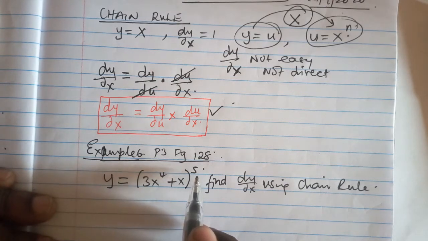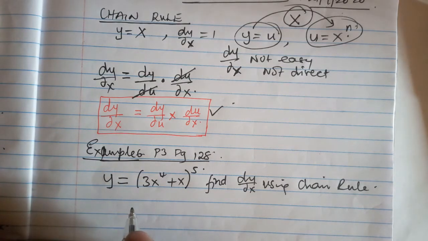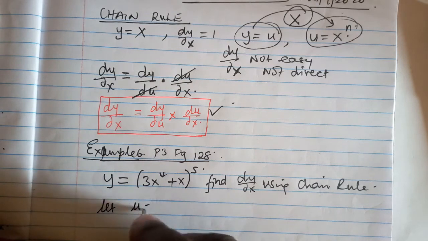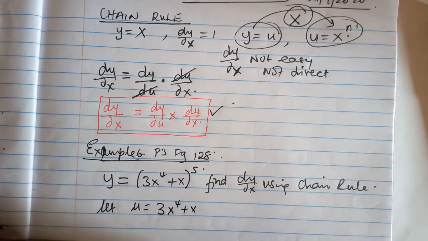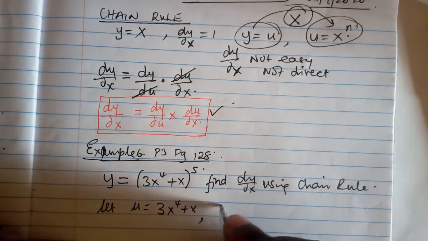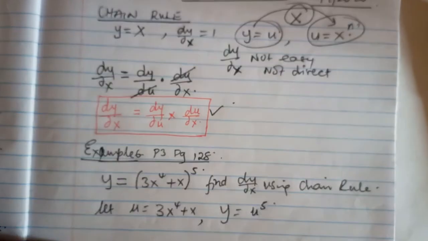But the chain rule makes it very easy, because we simply say let u be 3x^4 + x, and therefore y becomes u raised to power 5.